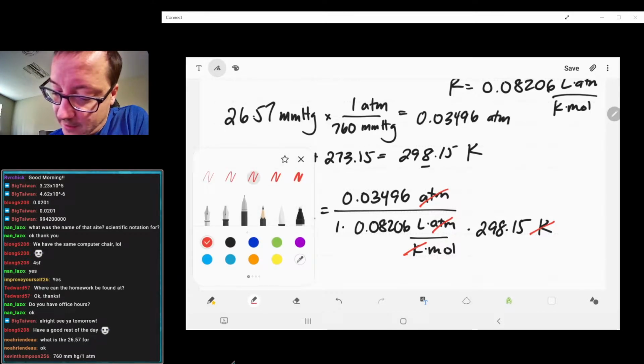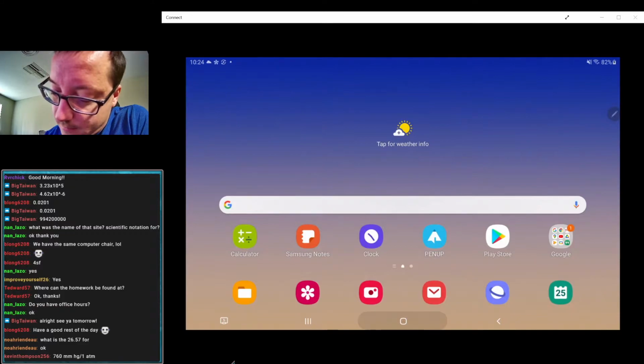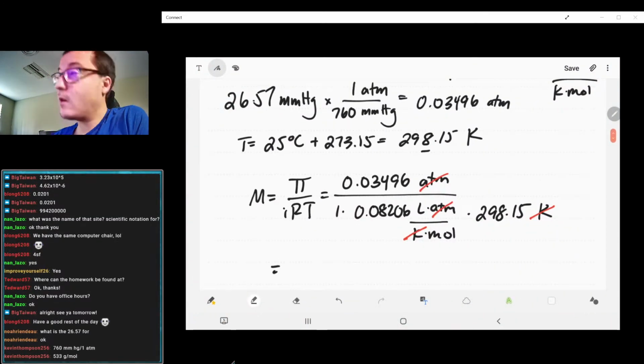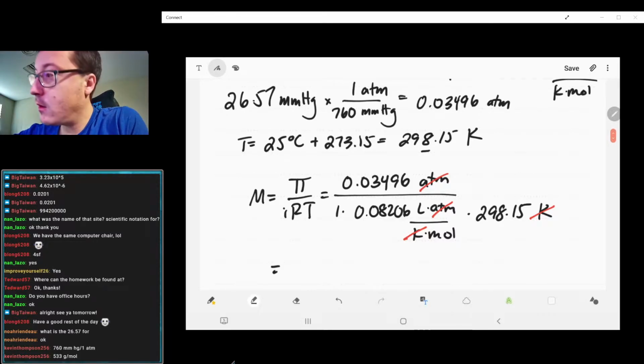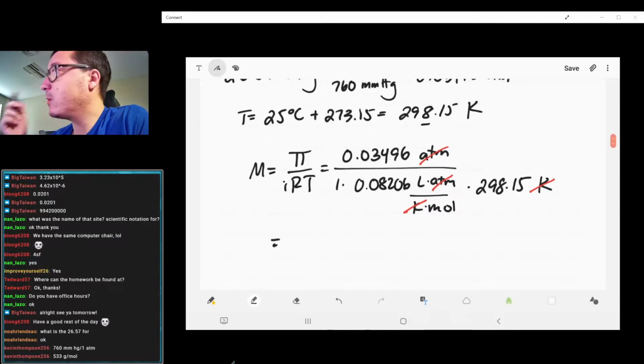So if we go ahead and calculate this, all right, so this divided by 0.08206 divided by 298.15. Doing this, I get something wrong. Oh, no, I don't. It's just a really small number.